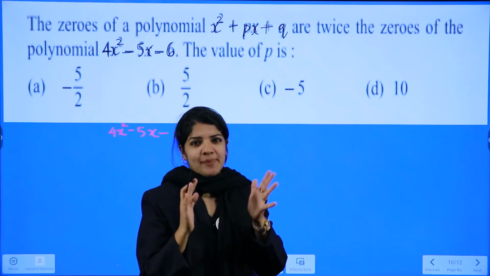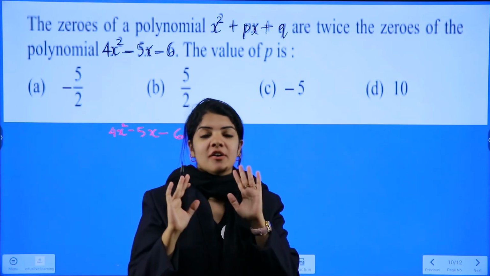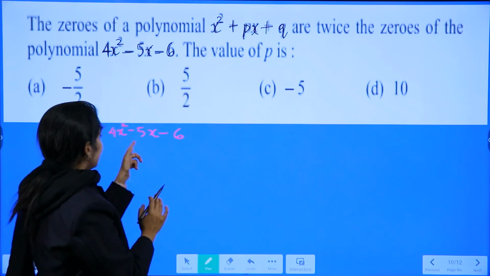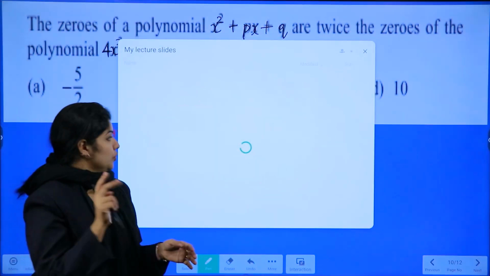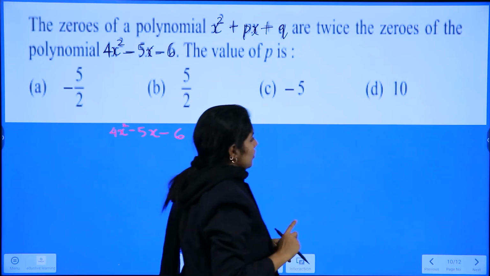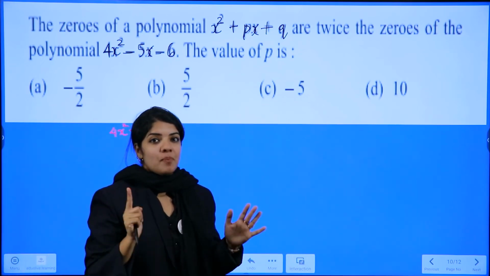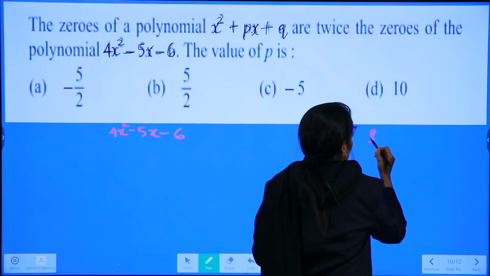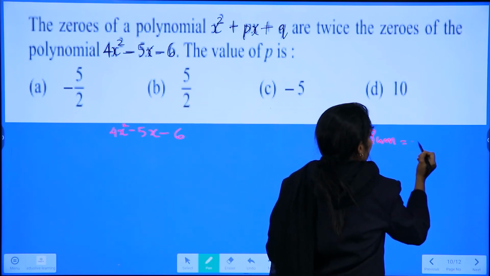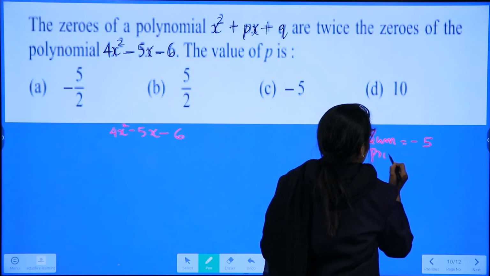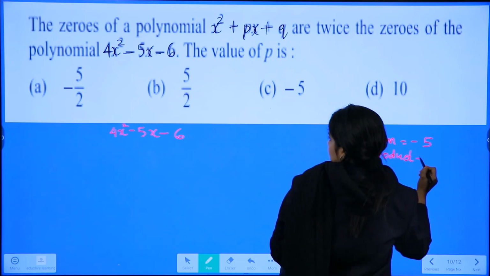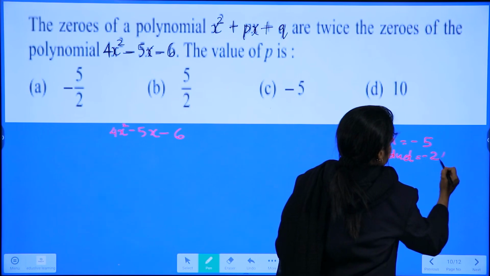I will be using the splitting the middle term method, or factorization method. I am going to split the middle term minus 5 into two numbers whose sum is minus 5 and product is minus 24.